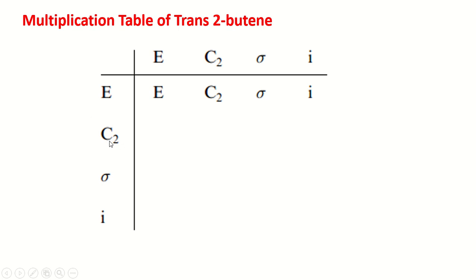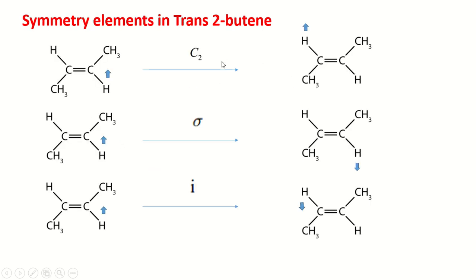What happens if we apply C2 and again C2? Let us observe what will happen. If we apply C2, the arrow on this hydrogen would appear over there, and the hydrogen subsequently changes position here. This would be the result. What happens if we again apply C2 to this molecule? This hydrogen will join there, and subsequently the arrow on the upper side goes with this hydrogen atom.